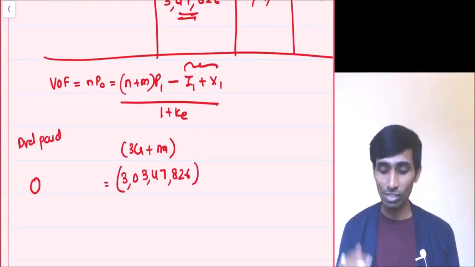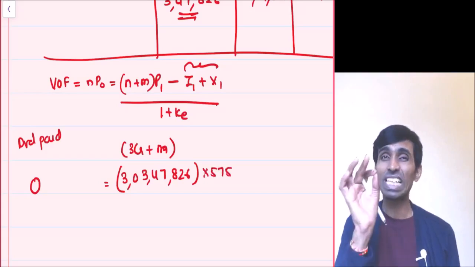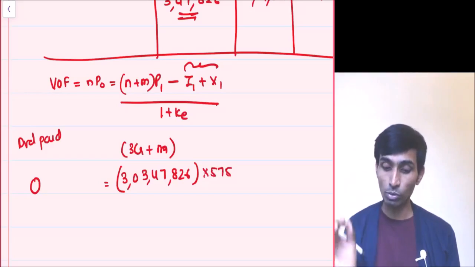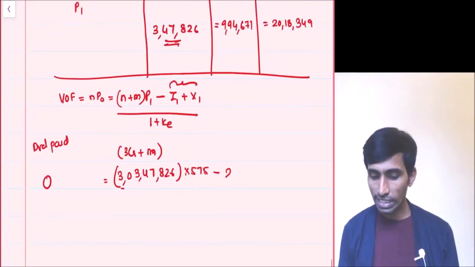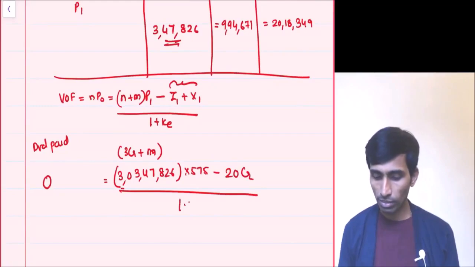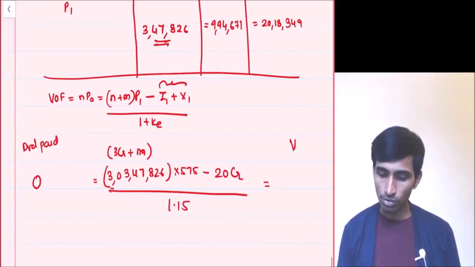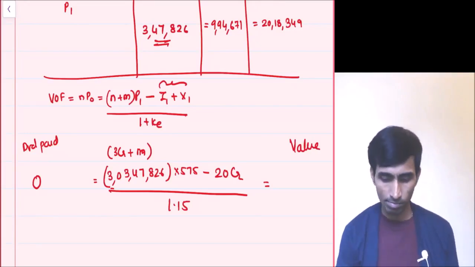You know, it will not work on your calculator, I know this sum has a typical problem. You'll have to take it as 3.0347826 into 575, otherwise it is not possible. Minus 20 crores, divided by 1.15. Please check if you are getting the answer. This is the value.